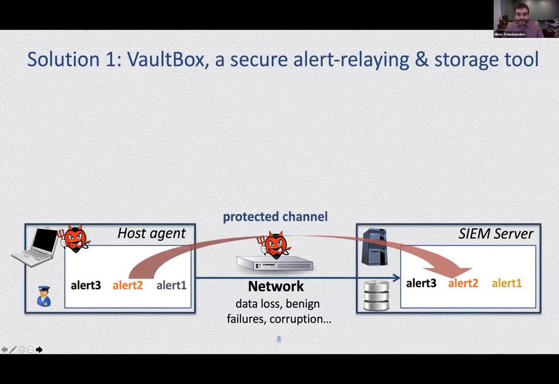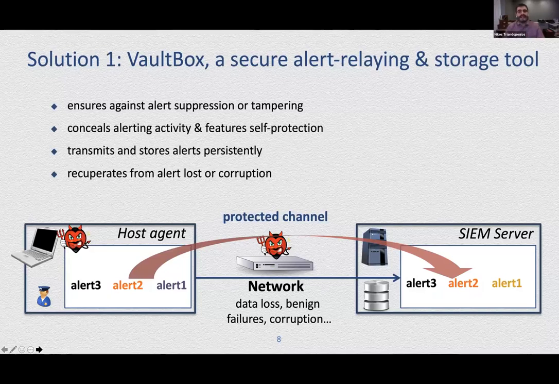So in a first solution that we call a Voltbox, we have a system that provides a secure protected channel between all these agents and the alert collector, the SIEM server. And some nice features here are that we have some guarantees against the suppression or tampering of this flow of information.